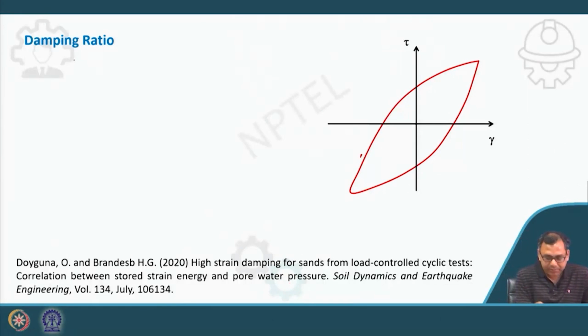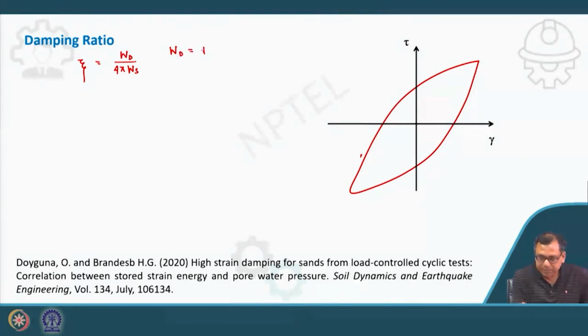So the damping ratio calculation is that your damping ratio is WD divided by 4 pi Ws. What is WD?